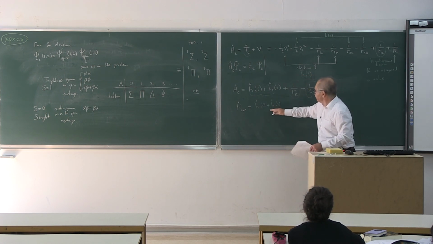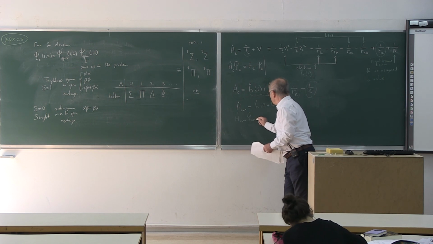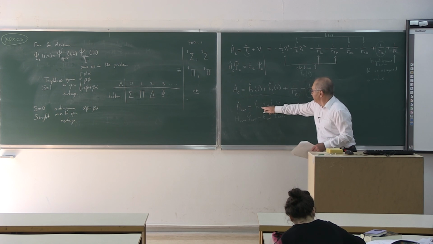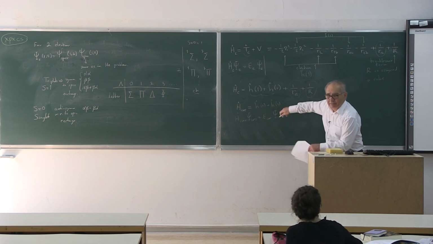And this Schrödinger equation is very easy to solve. Psi core equals E core times psi core. Because the Hamiltonian is separable here.